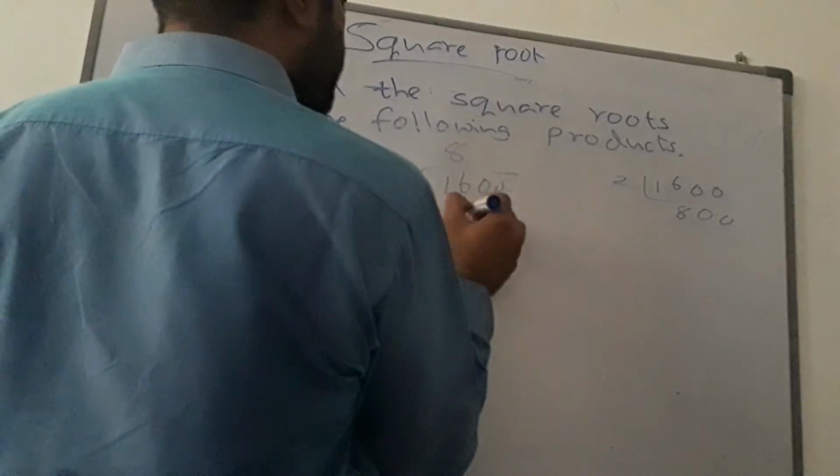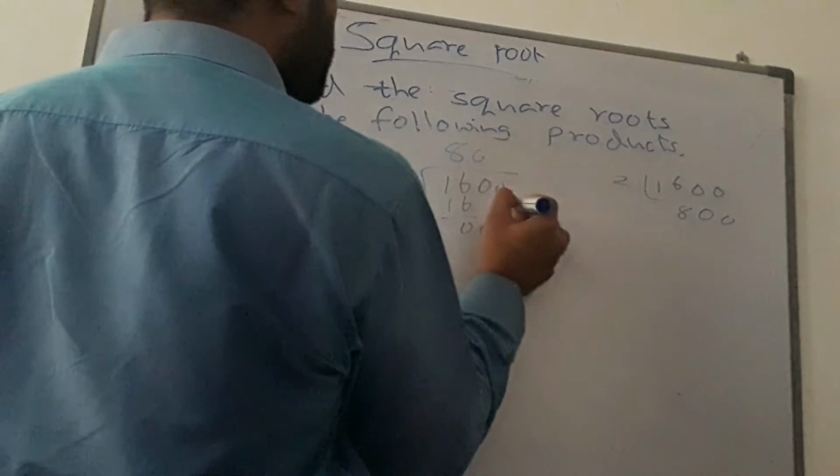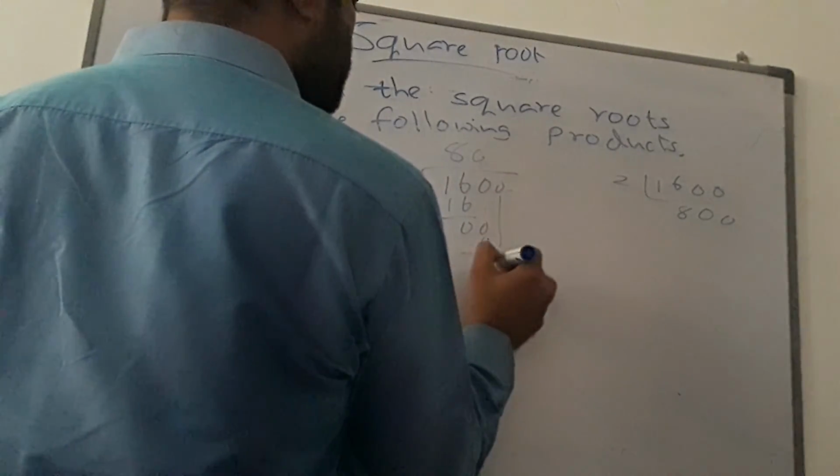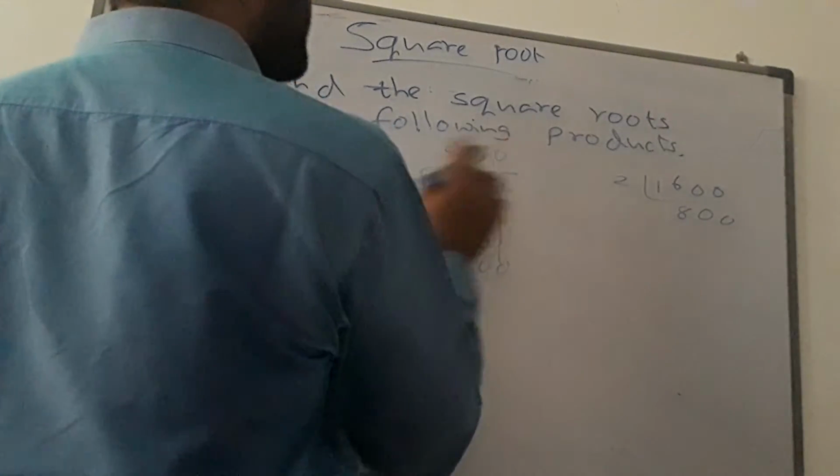If you divide 1600 by 2, 8 times 2 is 16, 0, 0. So we get 800. Here also, if we divide 800 by 2, we get 400. For 8 there are 4 2's, and for the zeros there is none. Again 400 can be divided by 2. 200. 200 times 2, 400.